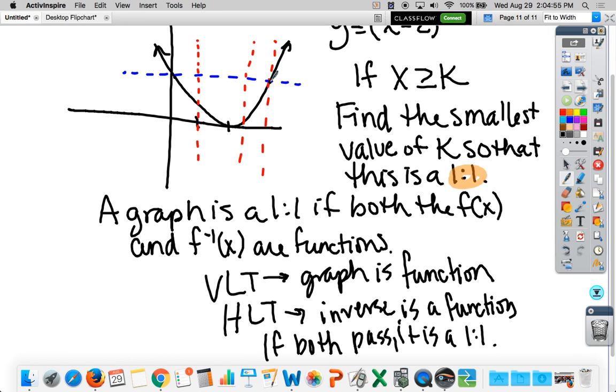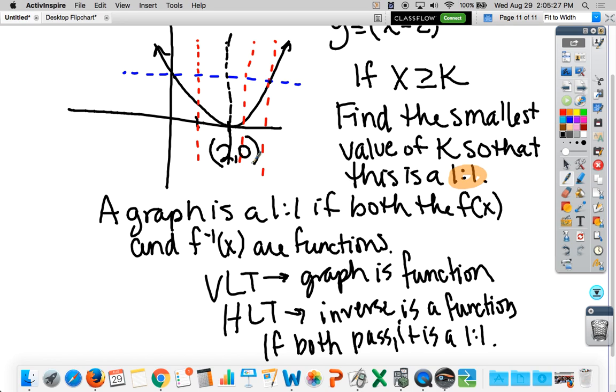So what they're asking me to do is find the smallest value of k, when x is greater than or equal to k, so that this is a one-to-one. Right here, this is the dividing point. What is the vertex of this? 2, 0.